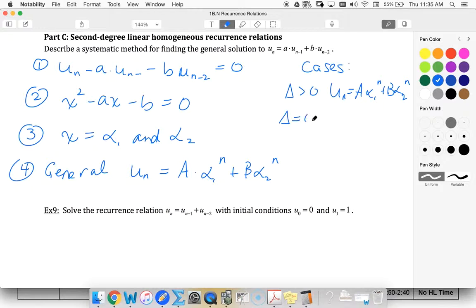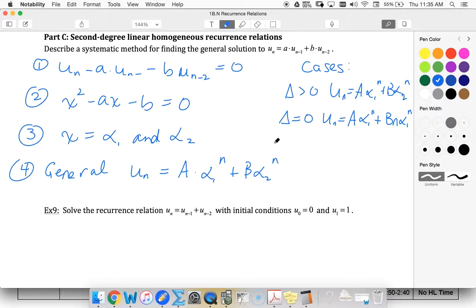In the case that the discriminant is equal to 0, so we have one repeated root, this simplifies to u sub n is equal to a times alpha 1 to the n power plus bn alpha 1 to the n power.